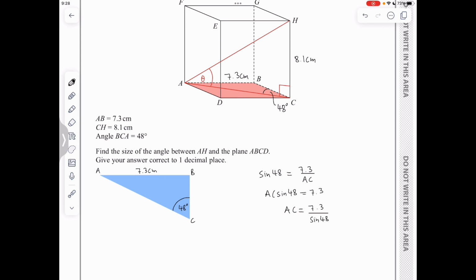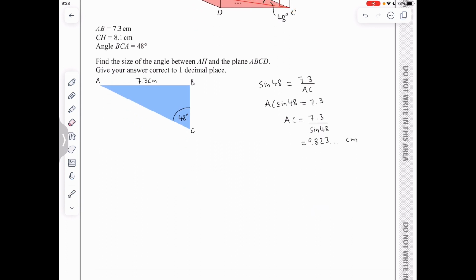This turns out to be 9.823 centimeters. So we have found the length of AC, so I can now extract the triangle AHC. So there it is. We've got AHC. AC is 9.823 centimeters. CH is 8.1 centimeters.